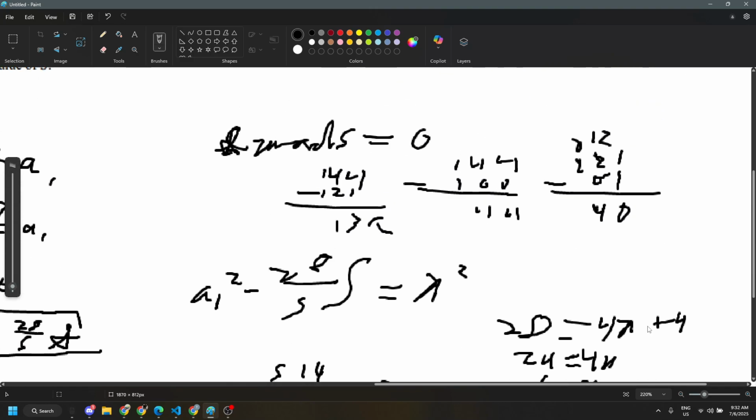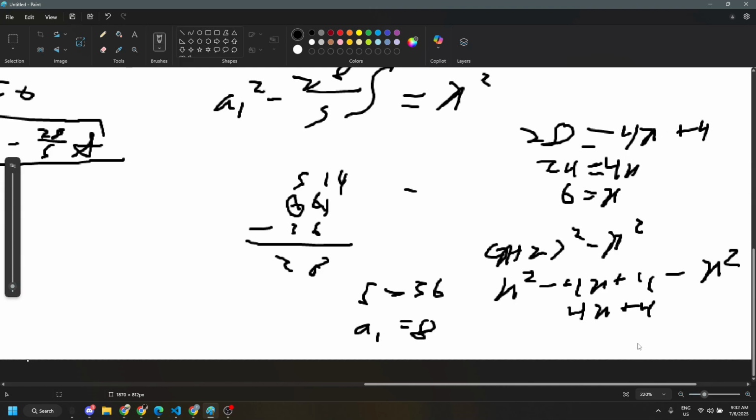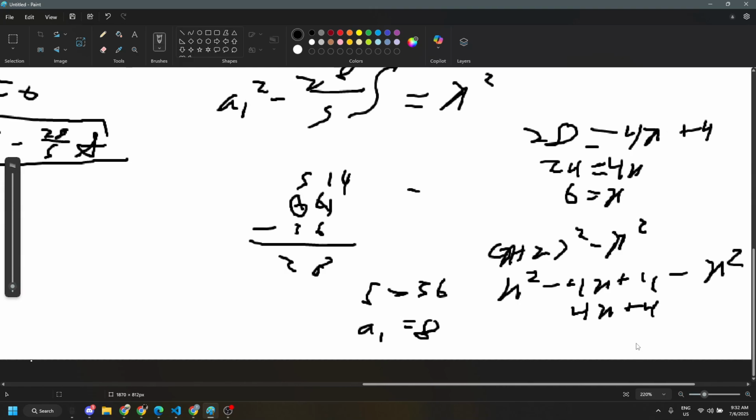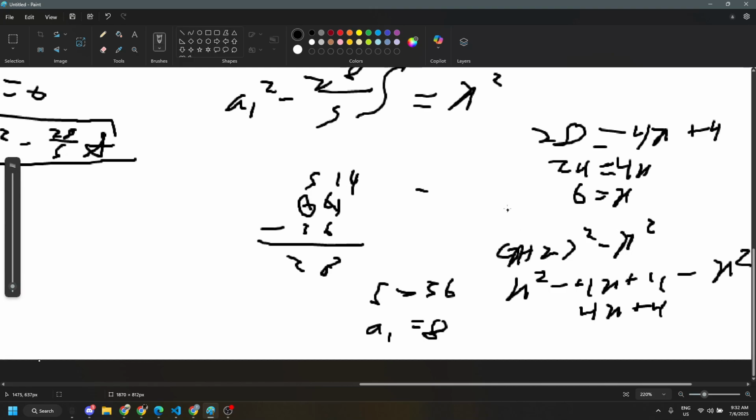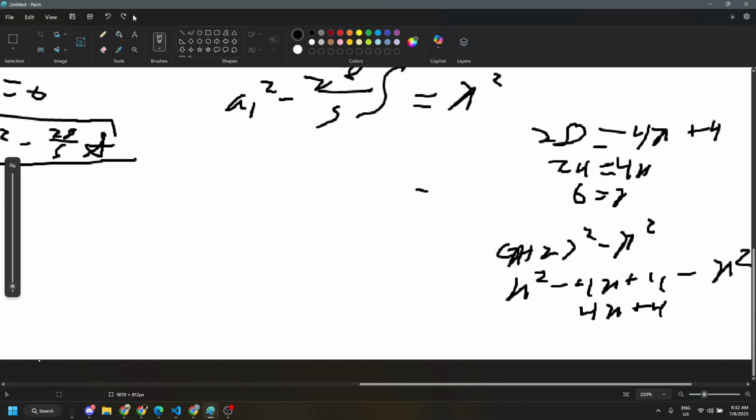That's an issue. Oh, that's not what I was supposed to do. That means this is equal to 64, this is equal to 36, and s is equal to 5. So a1 is equal to 8, s is equal to 5.